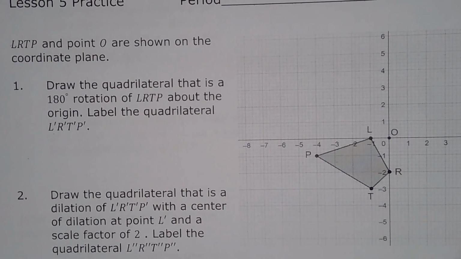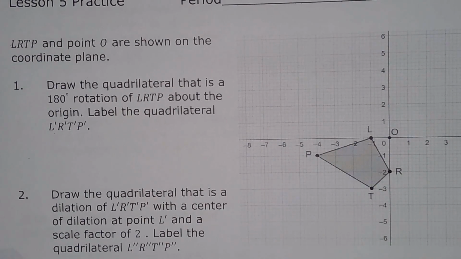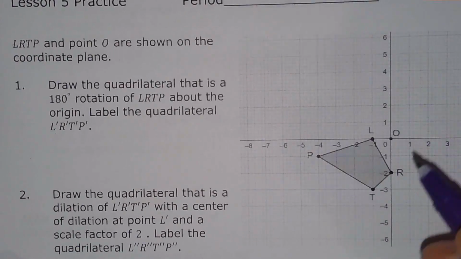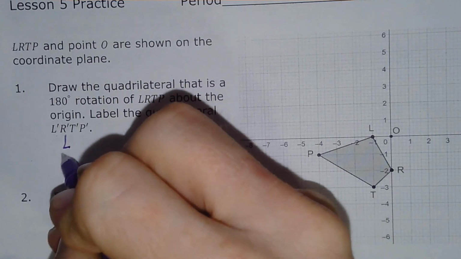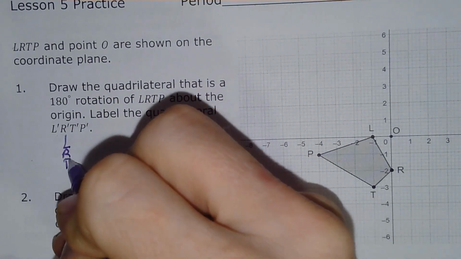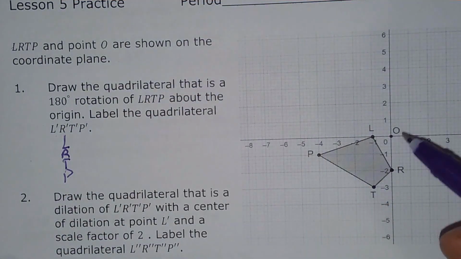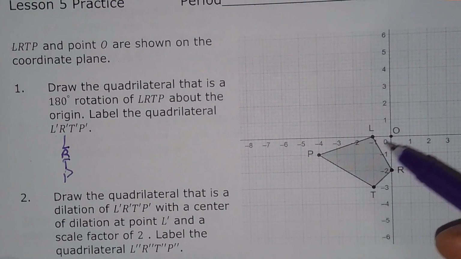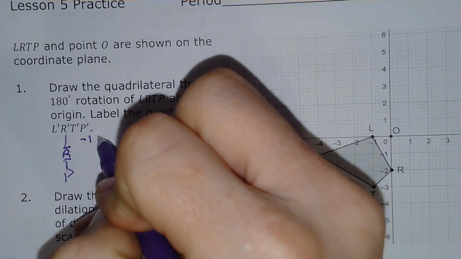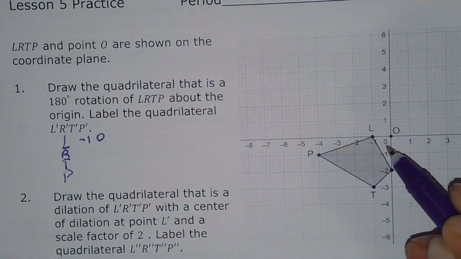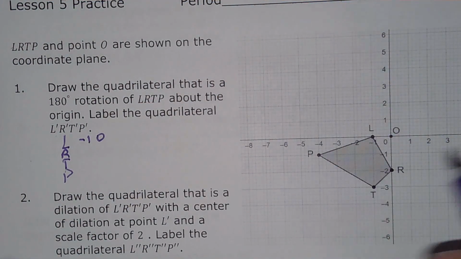So, first things first is I'm going to figure out L, R, T, P, and I'm going to grab all the points for these. So L is -1 and 0. P is -4 and -1.